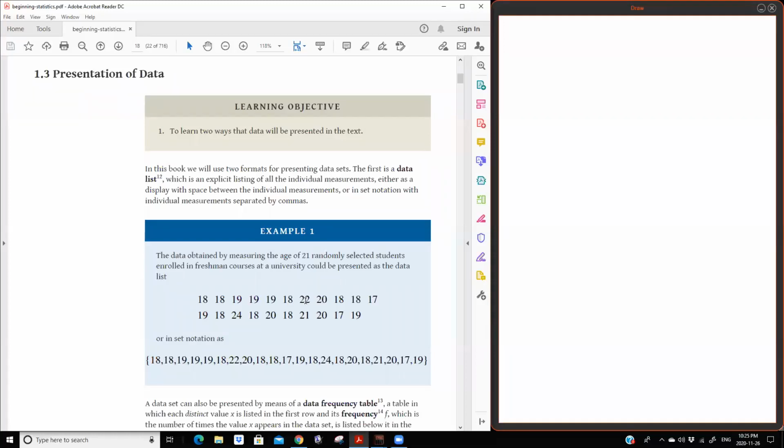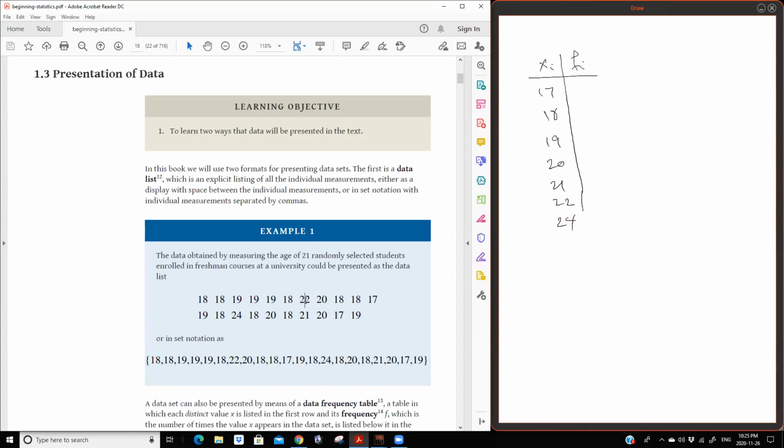So you just list the sample data. Another way of representing the same sample data would be something called the frequency table, where you put your xi here and the frequency here. For example, here we have a couple of students who are 17, we have 18, 19, 20, 21, and the oldest student seems to be 24. So we have 22 and also 24.